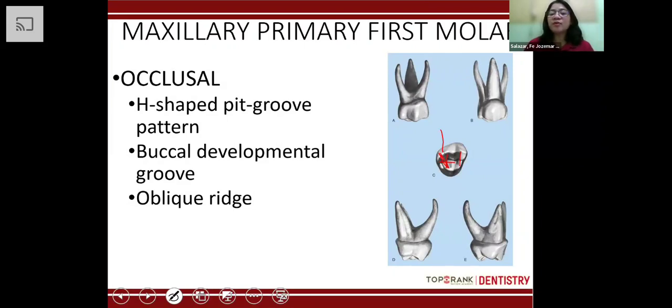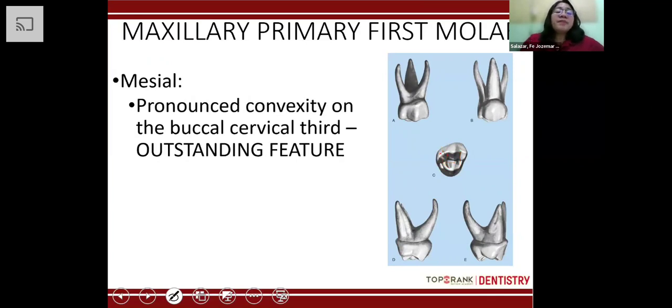Ano ulit yung maxillary molar without an oblique ridge? Yes, the third molar only. Okay, but maxillary first and second, whether permanent or primary, they have an oblique ridge. Mesial, you have an outstanding feature. You have a pronounced convexity on the buccal cervical third. This is your cervical ridge.